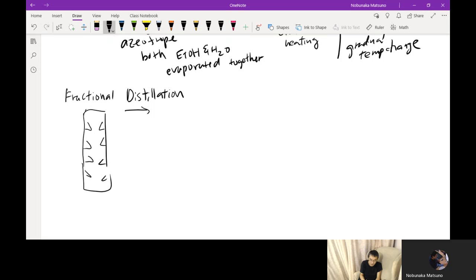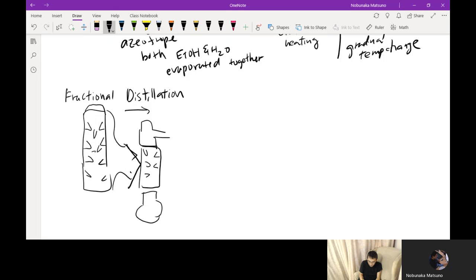So you attach this fitting with a lot of pins going inside between your round bottom flask and the three-way adapter. So the Vigreux column goes in between here.